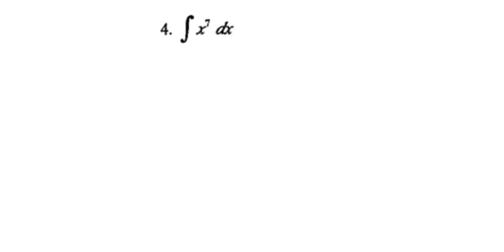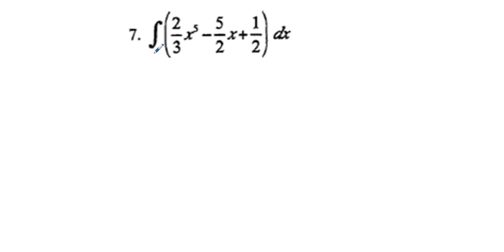Okay, what's the next one we're going to look at here? Look at problem 7. Okay, we have all these fractions. Well, I think it's going to be pretty much the same thing we looked at with number 3, only it's going to be more complex with the fractions and so forth.